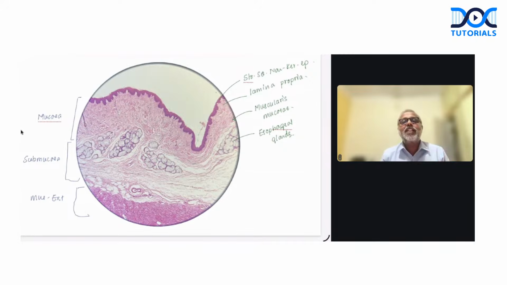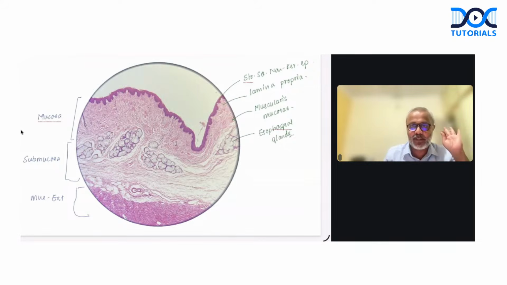So basically this provides lubrication. Are we clear? So the lining epithelium is being protected by the thick stratified epithelium as well as these submucosal gland secretions. Now this is regarding esophageal glands.